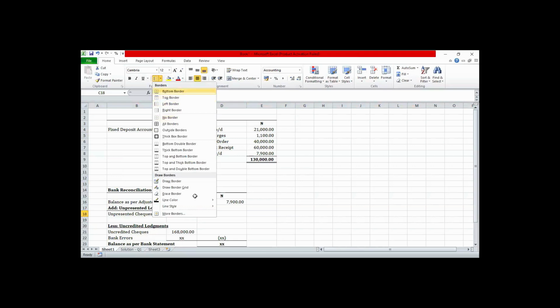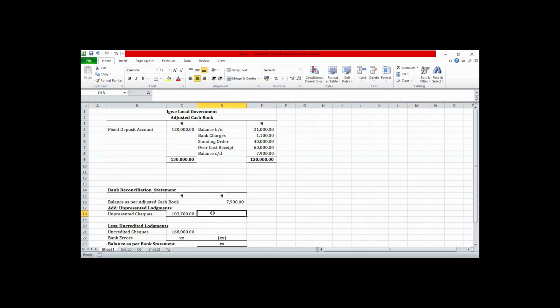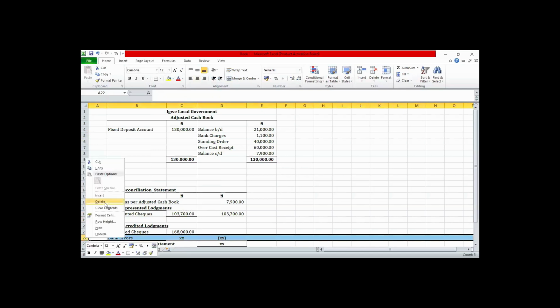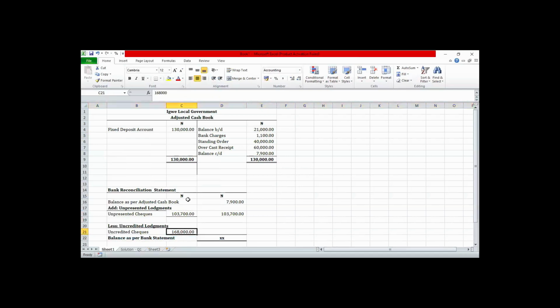Now balancing the account, this is coming to this side. This is also coming to this side.